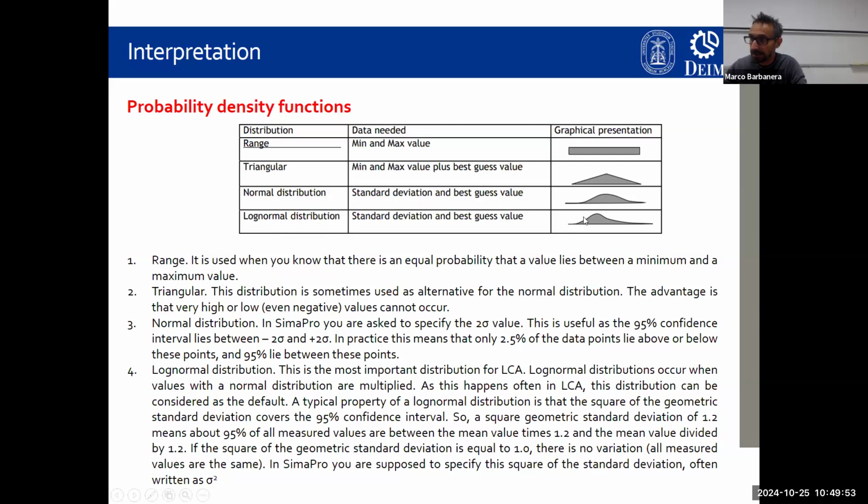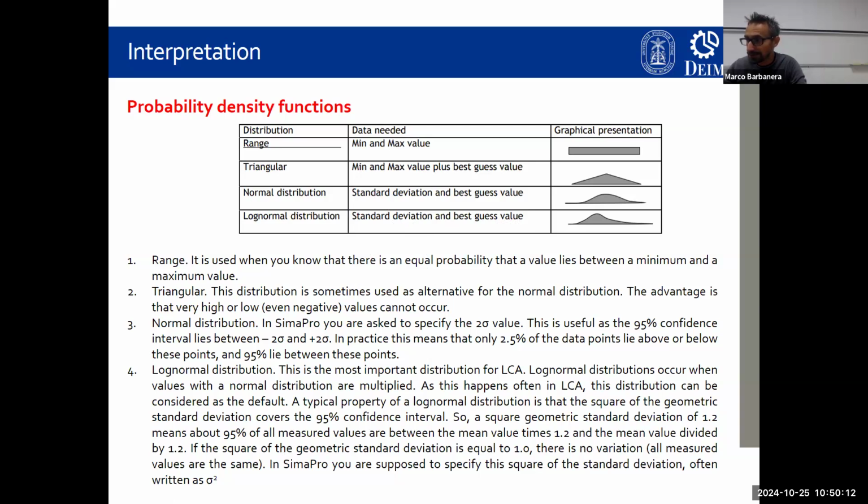And then it's important to define the best guess value and also the square standard deviation value for each data.